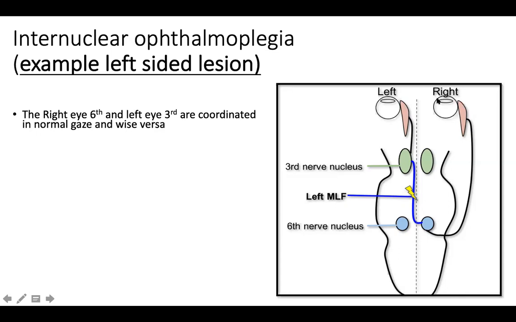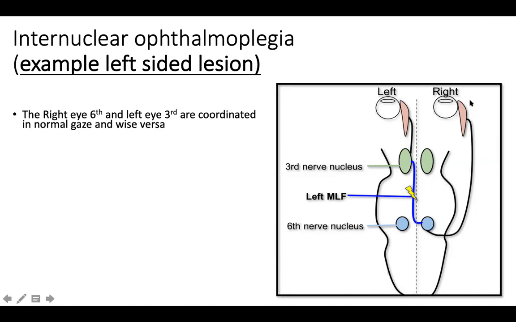So if I want to see towards the right, with right eye abduction, my right sixth nerve nucleus is okay, so I'm able to see to the right side. But my left eye is restricted, because in order for my left third nerve to move, it has to synchronize with your sixth nerve nucleus.